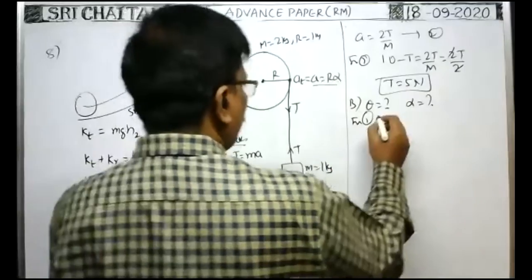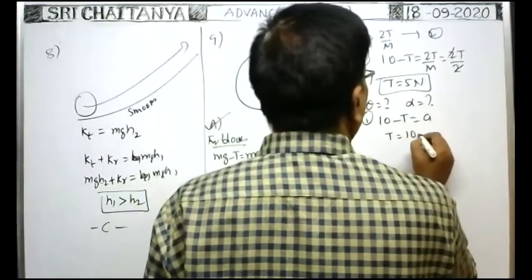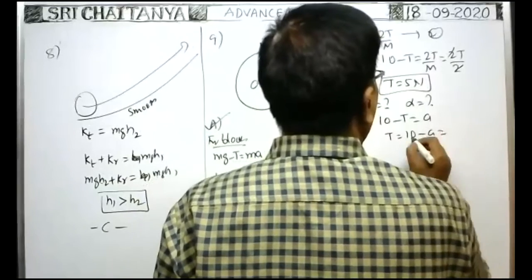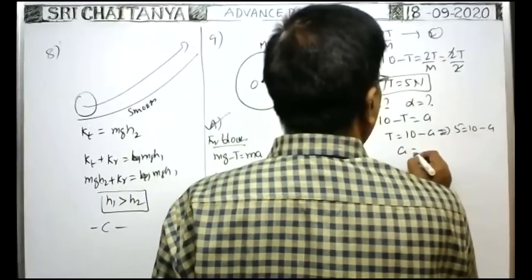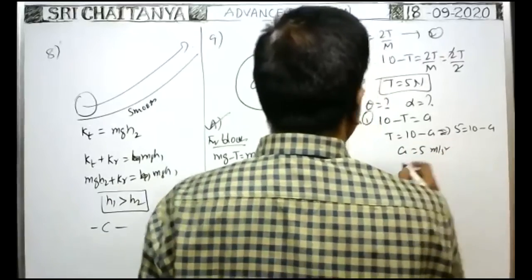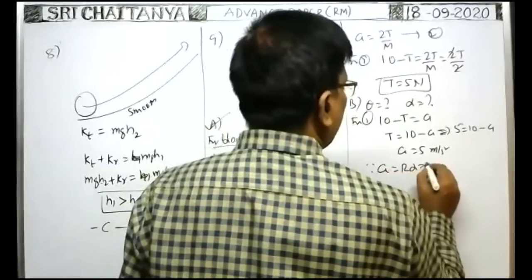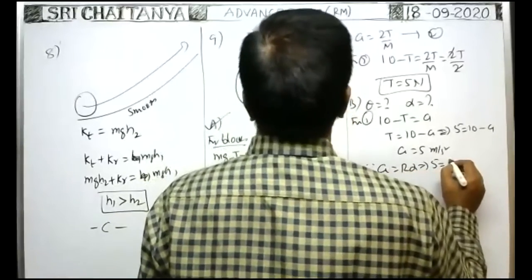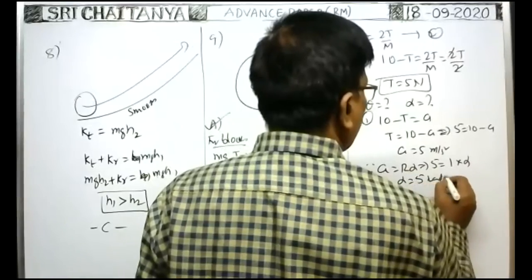From equation 1, 10 minus T is equal to a, or T is equal to 10 minus a. That implies T means 5 is equal to 10 minus a, or a is equal to 5 meter per second square. Therefore, a is equal to R alpha, 5 is equal to 1 into alpha. So alpha is equal to 5 radian per second square.